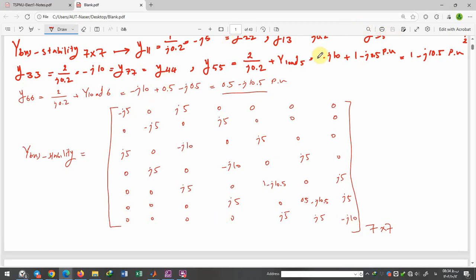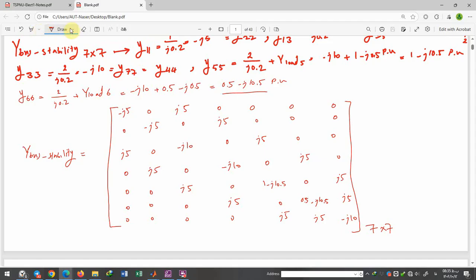This is the pure Y bus stability, which is called pre-fault. As we remember in the main lesson of stability, we have three regimes in stability study.